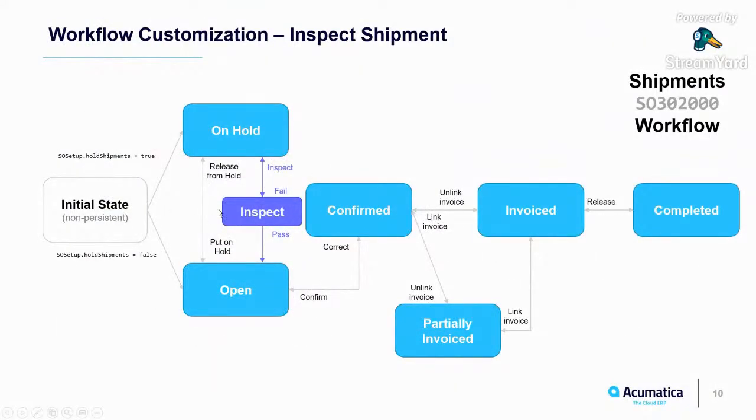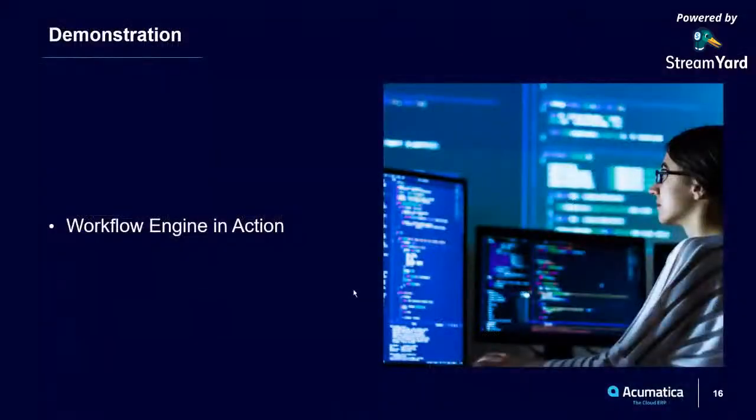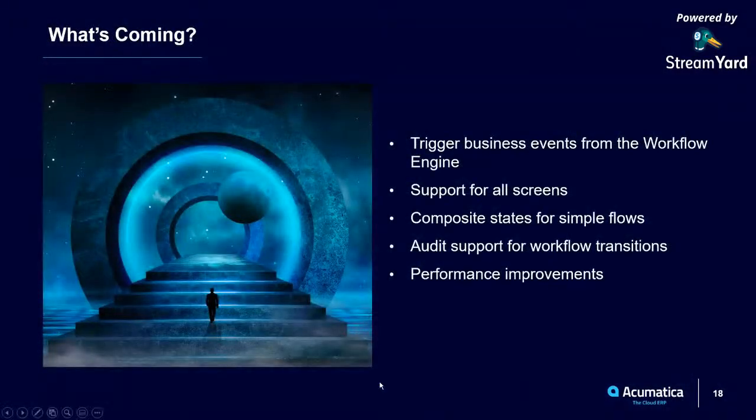Let's say that this inspect could happen from any one of these different states. That could be a real nuisance, because then you'd have to do fail pass to confirm, fail pass to invoice, and so on and so forth. So one of the things we're also working on is letting you just pass through states and do things. So look for that as well.